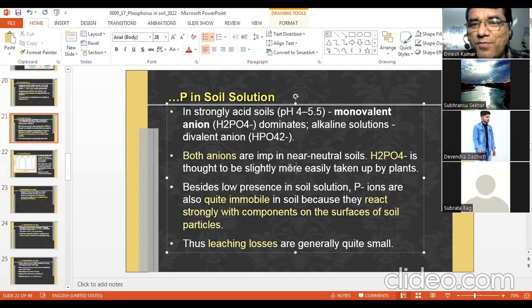When they move and find something to be fixed to, they react very fast, so they will not move. They convert into an immobile form. Thus, leaching losses are generally quite small. In the case of phosphorus, the phosphorus loss from soil happens only by two means. One is by crop uptake.